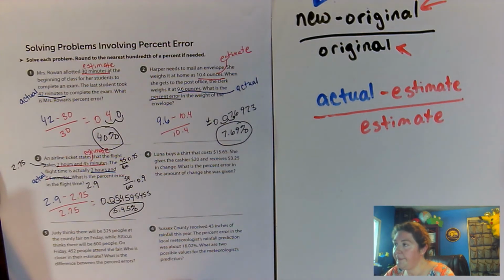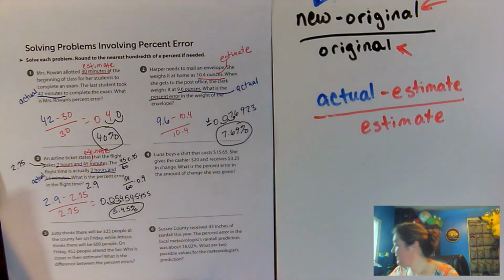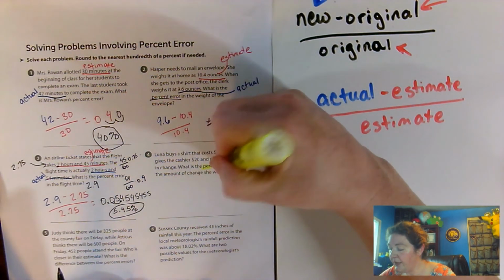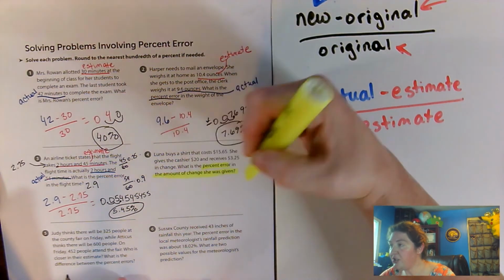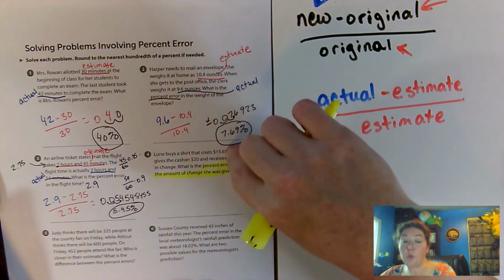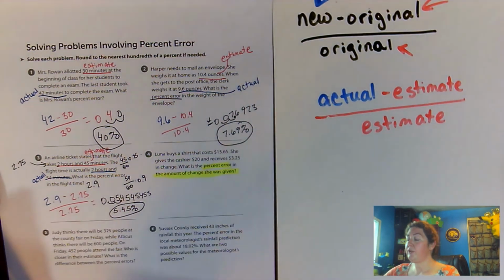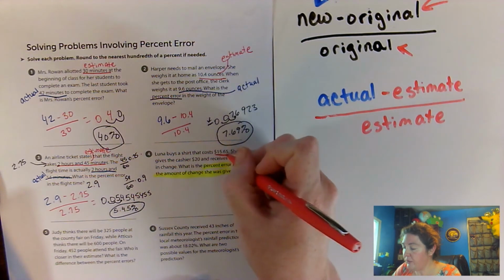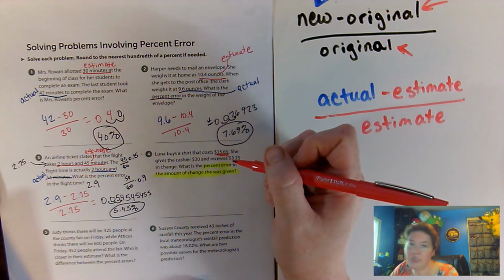Alright, the question is asking me the percent error in the amount of change she was given. It's not asking me for the actual cost, it's asking for the change. So, my estimate deals with this number right here, but that's not how much change she got.